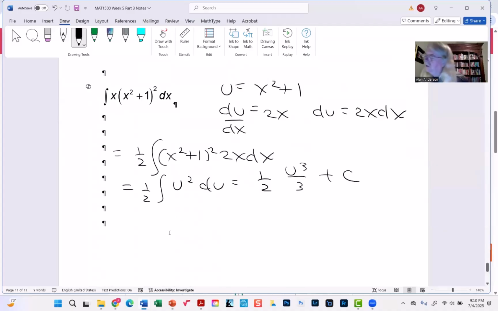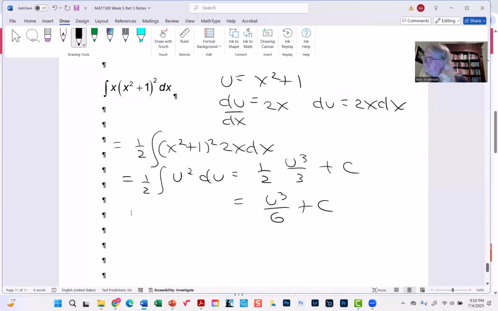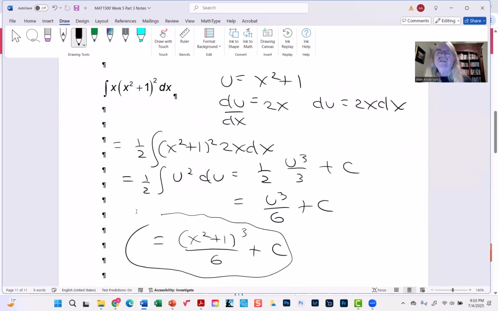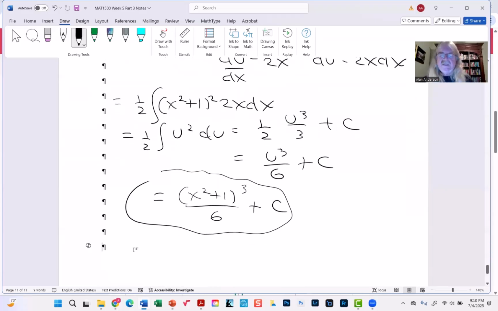So that means we're going to have u cubed over 6 plus c. And of course, we know that u is x squared plus 1. And it's the same thing. It has to be. All right, good.